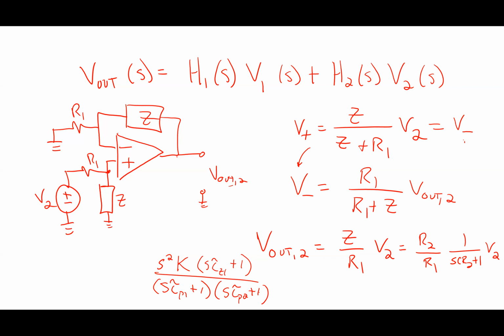That doesn't make any sense for what I have here. I should not have had that. If this is my standard form, then what do I know about K? K is R2 over R1. What's tau Z1? Tau Z1 is 0. And tau P2 would be 0 as well, right? Tau P1 would be the only one that exists.